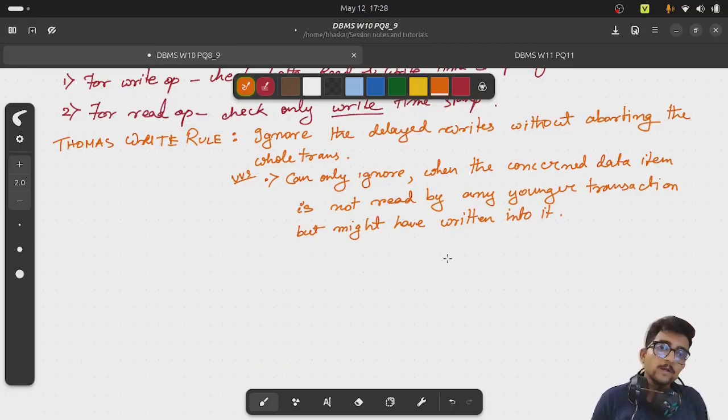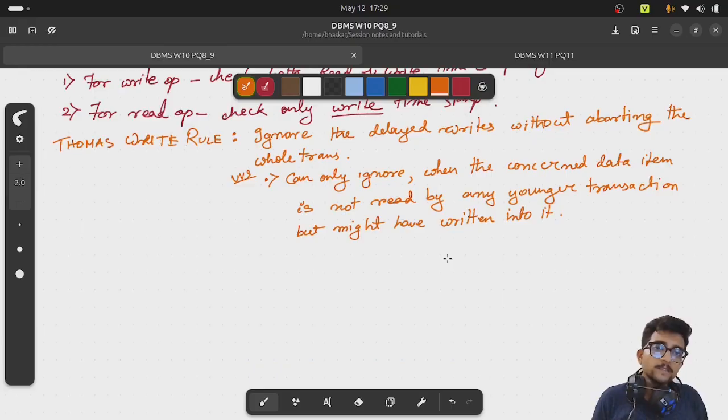Why? Because ideally, the concerned transaction, which we are questioning whether to abort or not abort by Thomas Write rule, is the older transaction, so it should have executed completely first, and then the newer or younger transaction should have come and read or written into it.